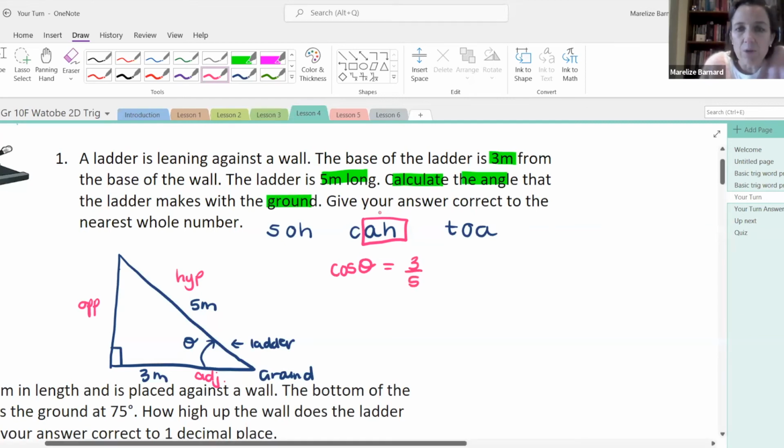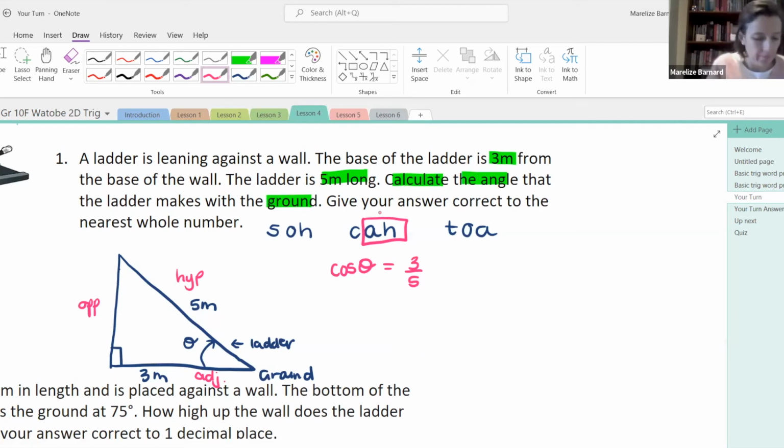Because we know what the ratio is, we can use our calculator to tell us what the angle is. So shift cos 3 over 5. That gives us theta is 53.13 degrees. Oh, we must round to a whole number. I'm so used to rounding to 2 decimal places that I forget.